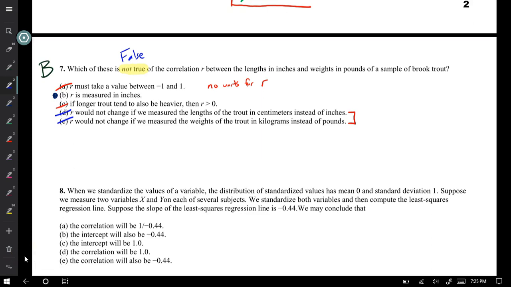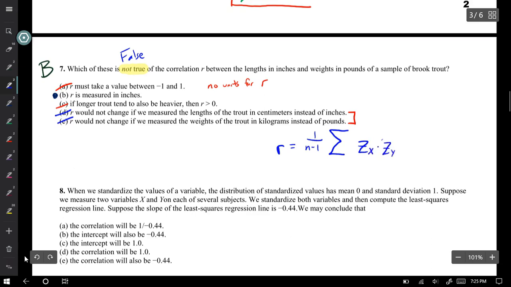R is from standard scores, and maybe I should write down the formula we looked at before: R is equal to 1 over n minus 1 times the sum of all the z-scores for each x times all the z-scores for each y.